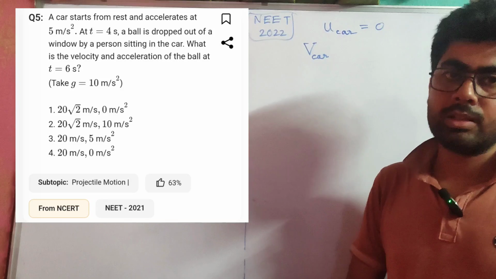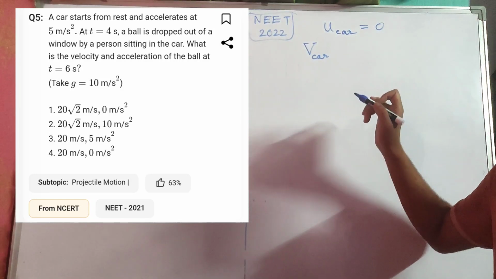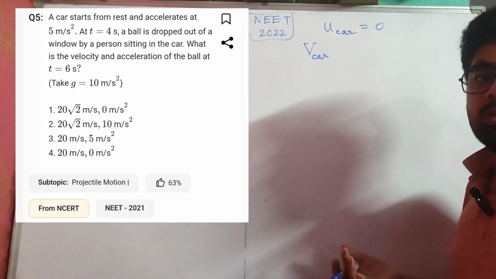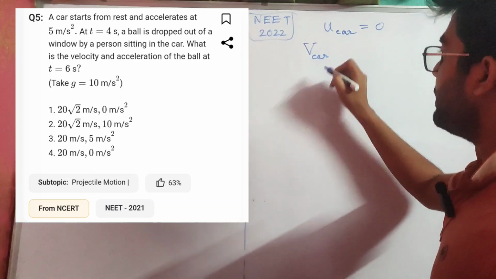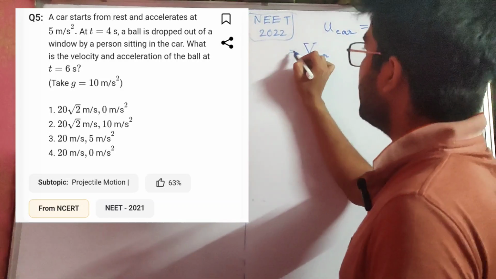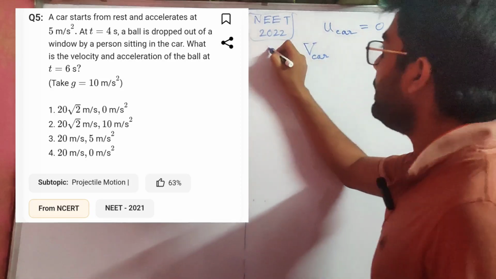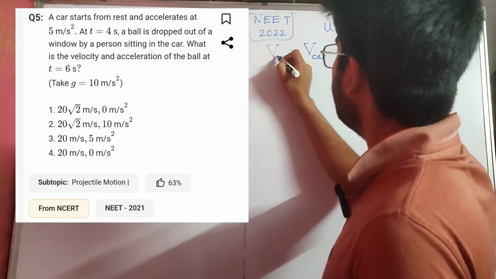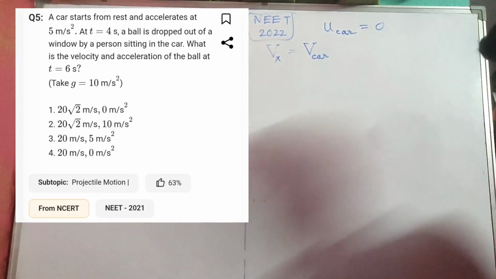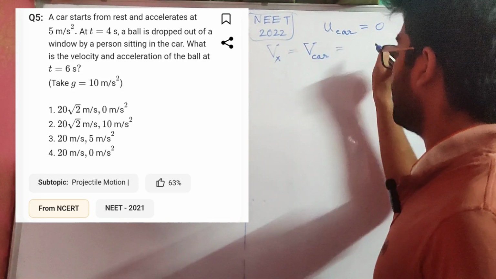Always the car moves along the horizontal line. That means the velocity of the car is along the horizontal x-axis, vx.